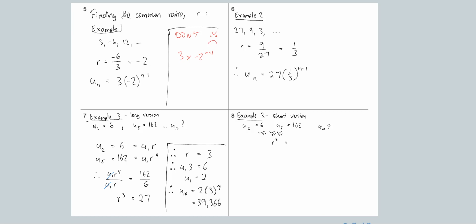Yeah? Because it's got to be, to get to u sub 3, I'd multiply by r. To get to u sub 4, I'd multiply by r once more. And to get to u sub 5, I'd multiply by r once more again. Okay? So 6 multiplied by r cubed is going to be 162.